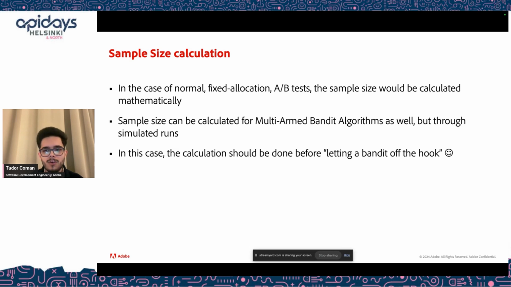So you know how many decisions need to be taken in order to make sure that the bandit takes informed and correct decisions, but at the same time you're leaving space for adaptability in case something changes in the environment.